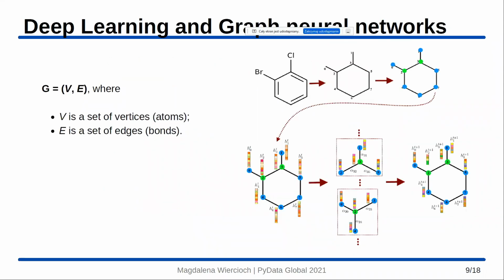However, a chemical compound, as I showed previously, can be naturally seen as a graph with nodes corresponding to atoms and edges that correspond to bonds. And of course, one may learn on a molecular structure.